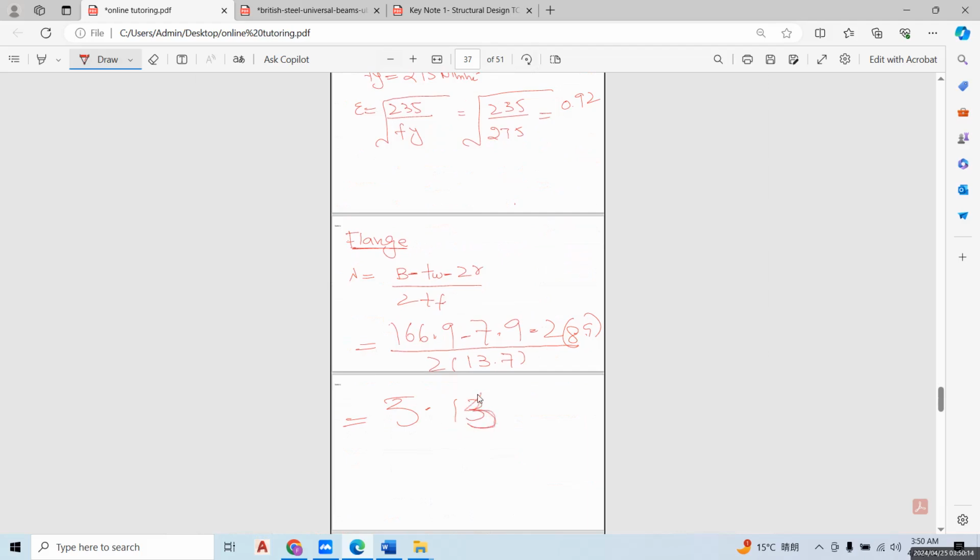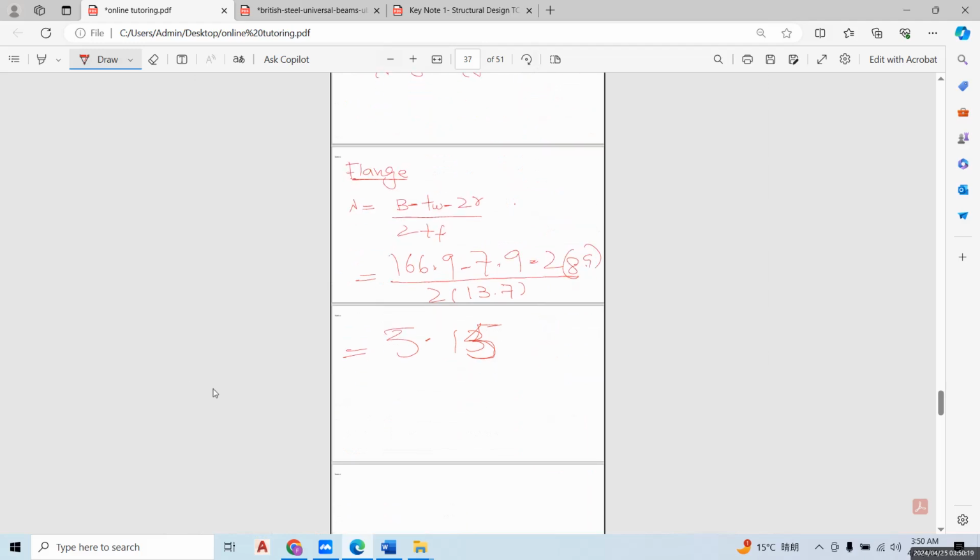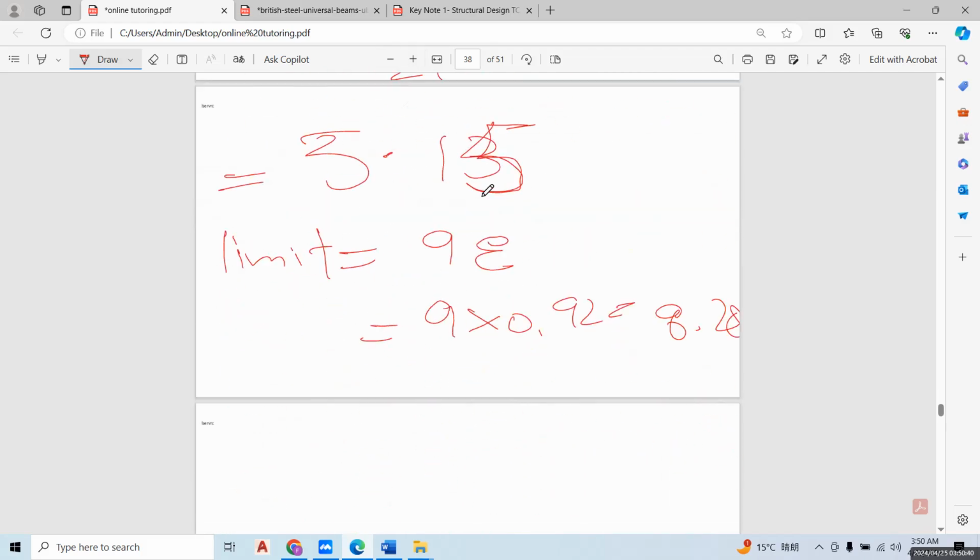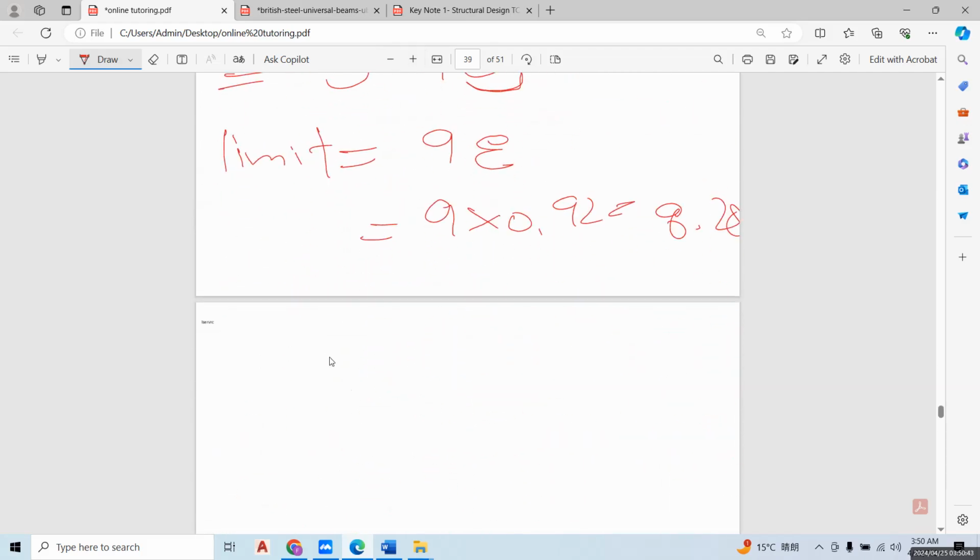5.15. Now the limit is 9 epsilon. With epsilon equal to 0.92, it is equal to 8.28. It means our actual value is 5.1, and the limiting value is 8.28.